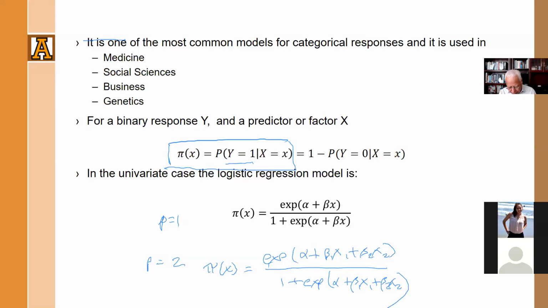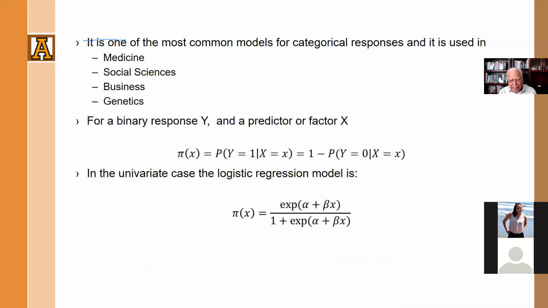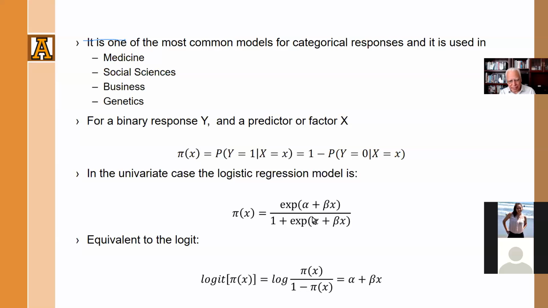But for the particular case where we have one variable, it's easy to explain graphically what happens with the model.